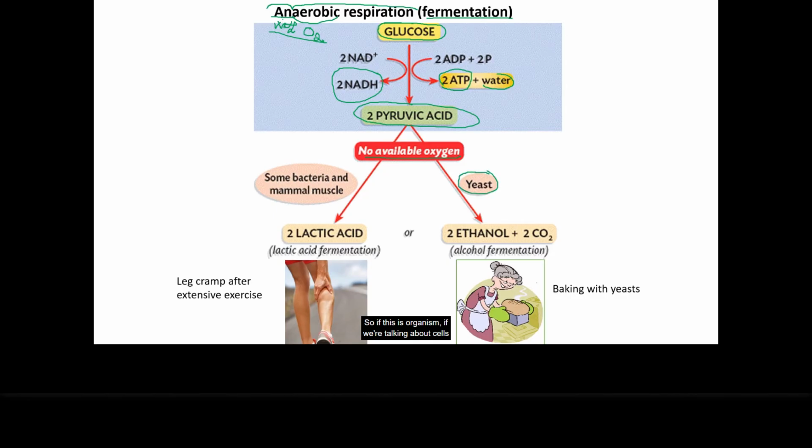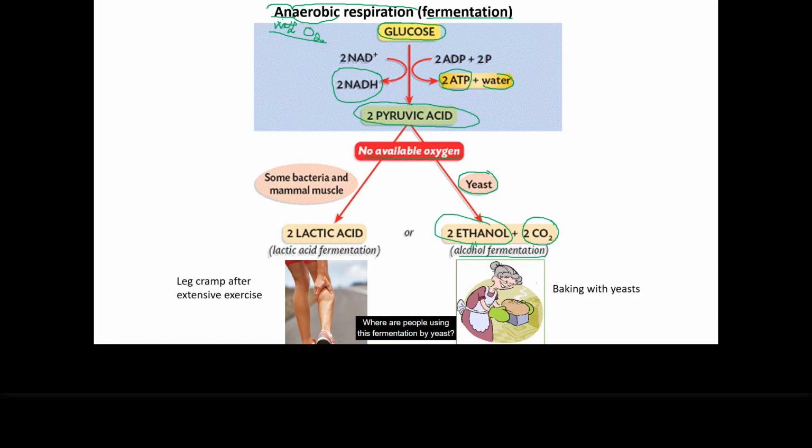If we're talking about cells in yeast, a microorganism, they will use different chemical reactions without oxygen, and it's called alcohol fermentation because yeast will produce ethanol from the pyruvate. Ethanol is an alcohol, and they will produce carbon dioxide.